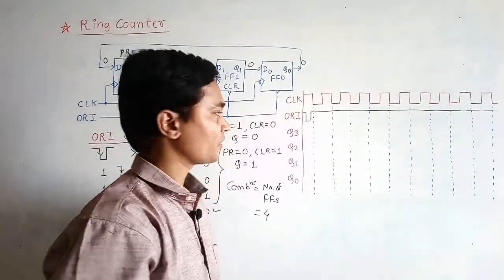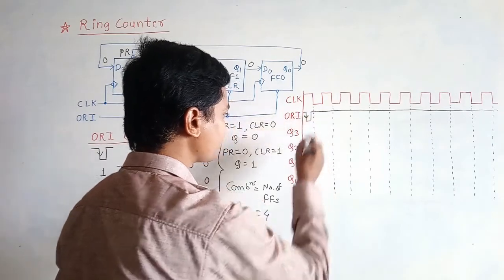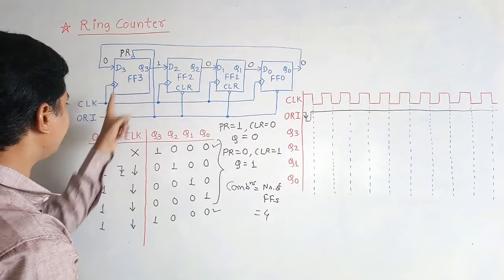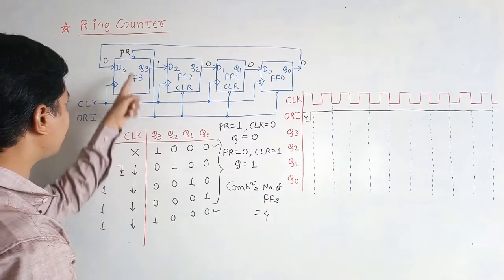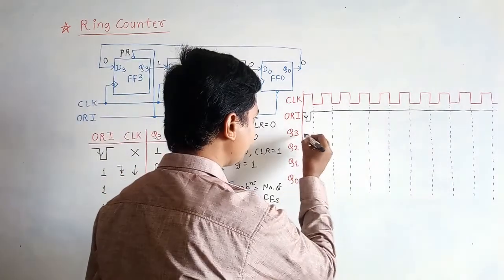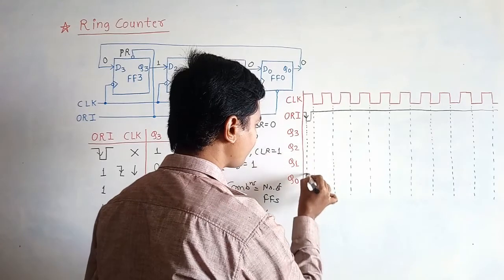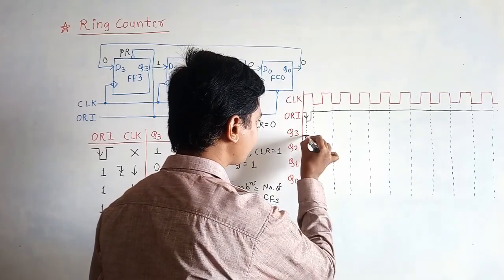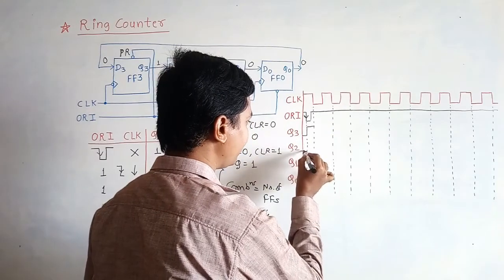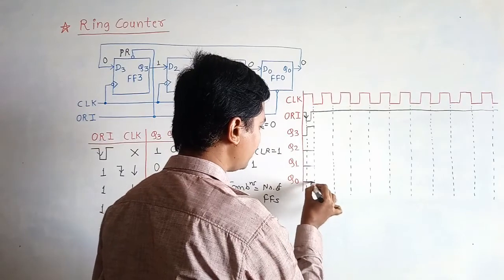Now on this falling edge the Q3 will be set, because this ORI is applied to the preset input of flip-flop number 3. So here Q3 will be set at this time instant. Then at this time Q2 will be 0, Q1 will be 0, and Q0 will also be 0.